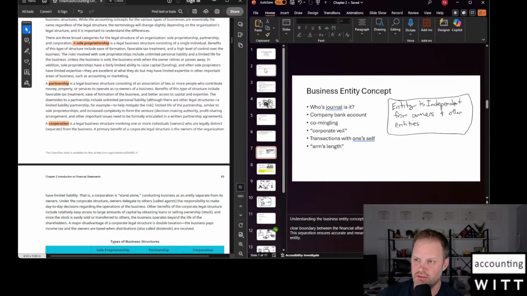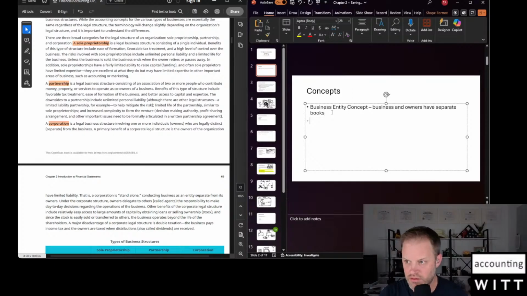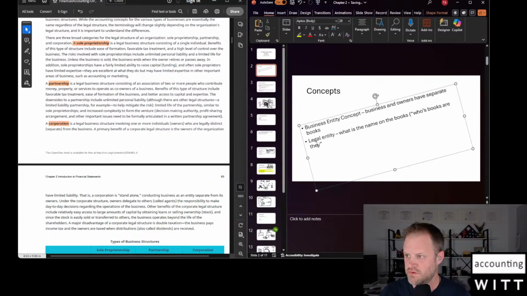I think the way I want to say it is, business and owners have separate books. What is the name on the books? Meaning, like, whose books are they?